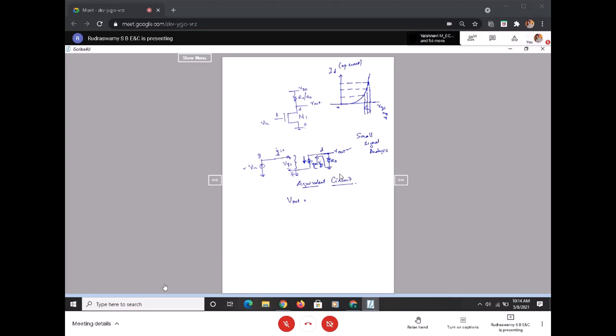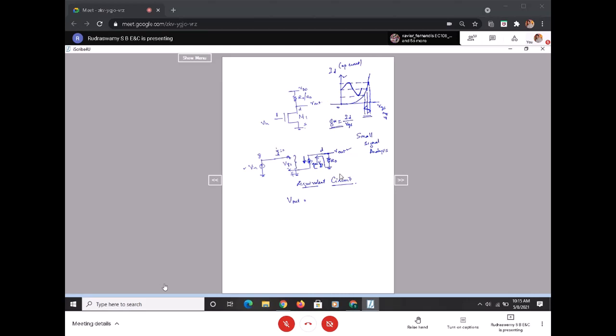At this point, there will be a 180-degree phase shift. You can see that the input is VGS, and my output is the drain current, which varies accordingly. A small variation in input gives a large variation in the output. Since the output is current and the input is voltage, that's why it is gm.